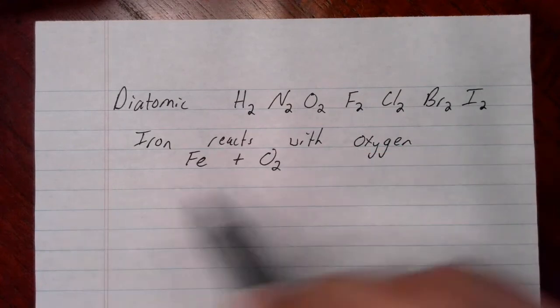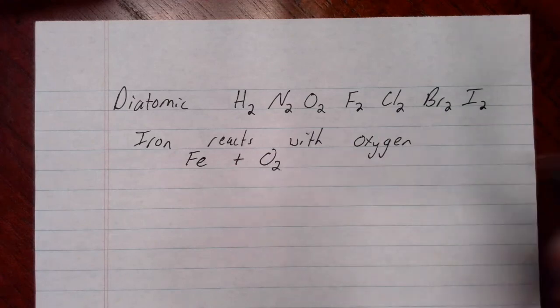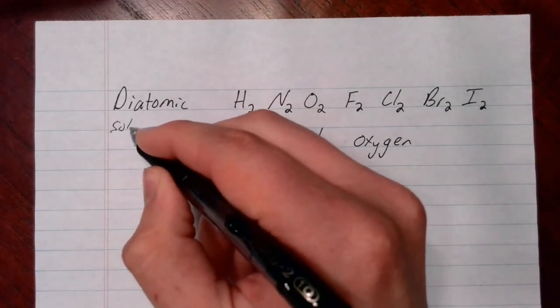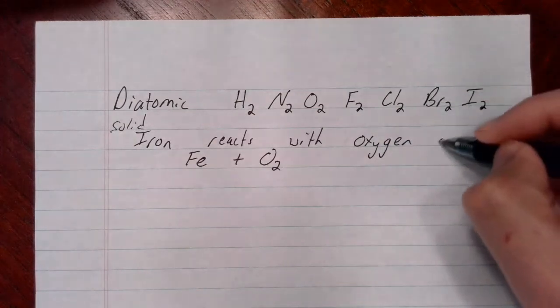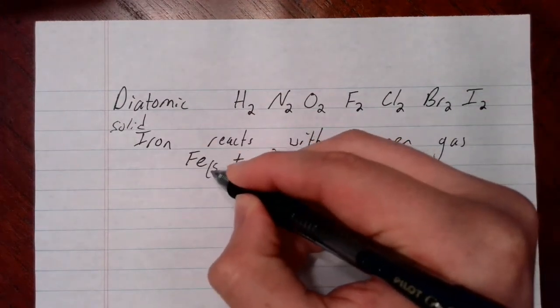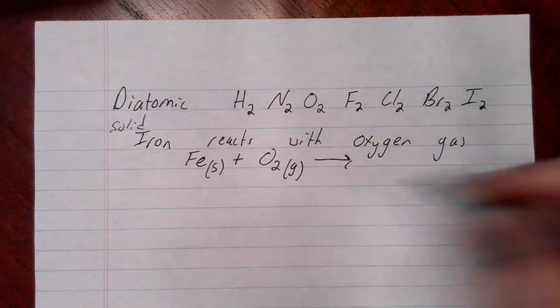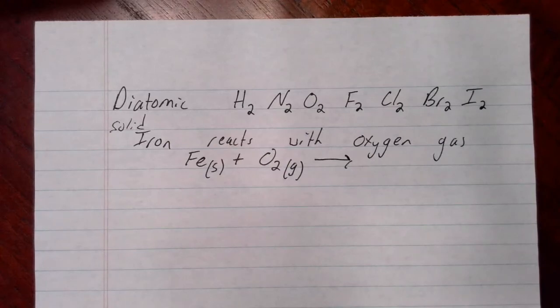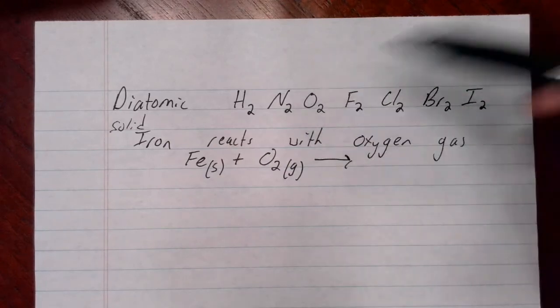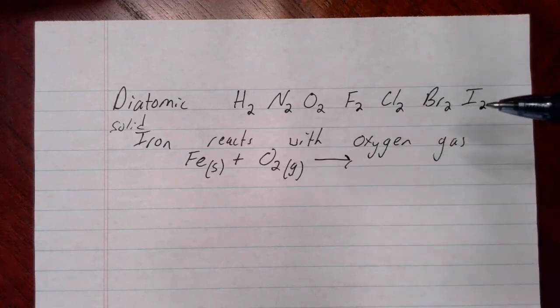Or if I had iron reacts with chlorine, then I would have Fe plus Cl2. So what if I said solid iron reacts with oxygen gas? I would take it one step further, and I would have solid iron plus O2 gas, and we'll learn how to predict the reaction products later. Just be aware, anytime you deal with one of these elements by themselves, you will see the subscript 2 there, meaning they're bonded to themselves.